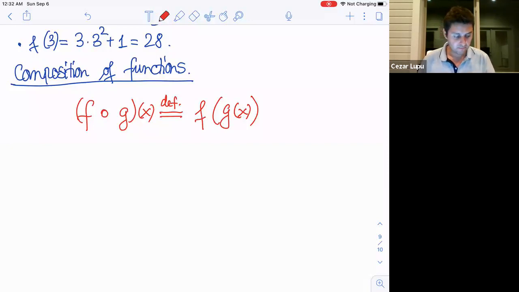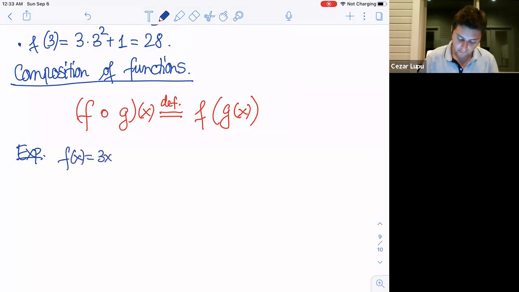And let me give you an example real quick so that you can see how we operate with this composition. So we will read this f composed by g. Okay, let me give you the example. Let's say f of x is 3x plus 5, and g of x is square root of x, let's say.